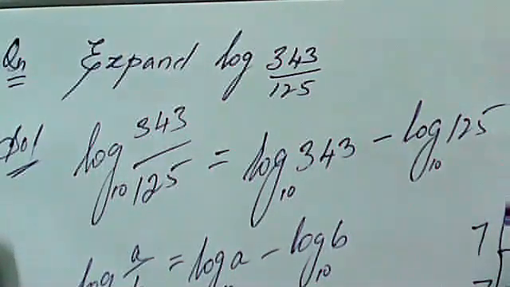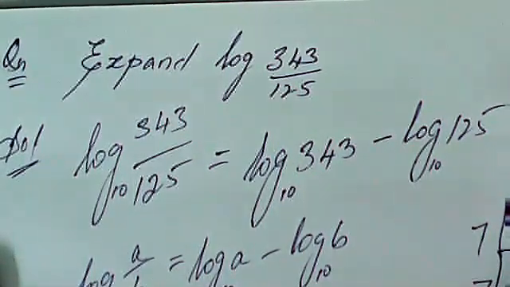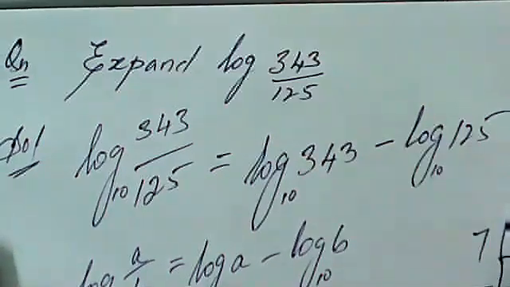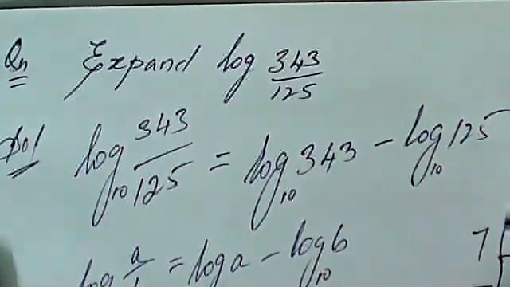So we have applied the power rule, that is log of a power m to base 10 equals m log a to base 10. In this we take out 3 as a common factor, so what you get is log 7 to base 10 minus log 5 to base 10.